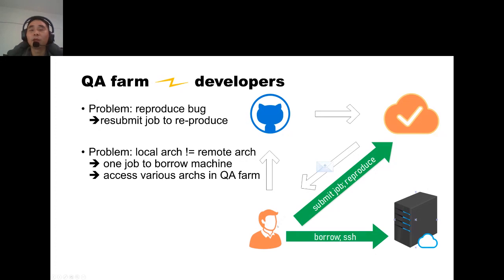So once you get the job, you can submit it back to the infrastructure to reproduce the problem. You can also, if that is not enough and you want to just log in, submit a special borrow job. That special borrow job is very simple. It just contains a sleep workload in it.